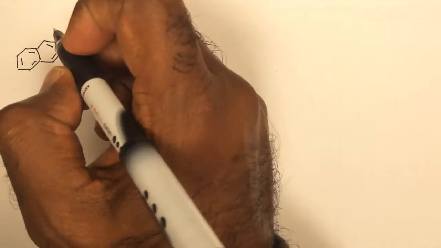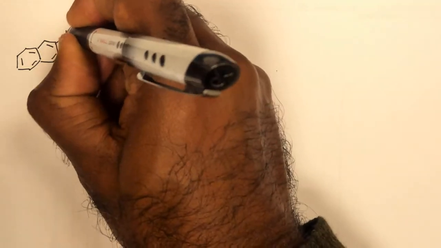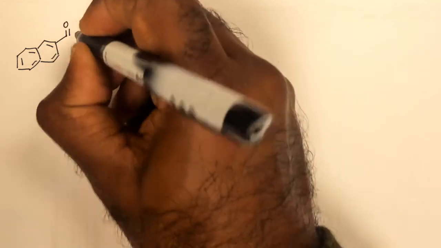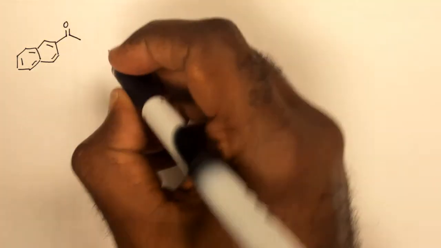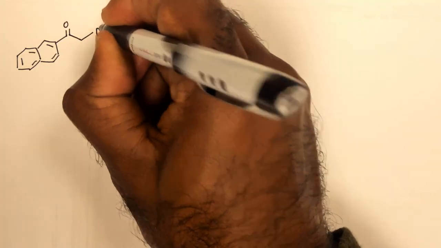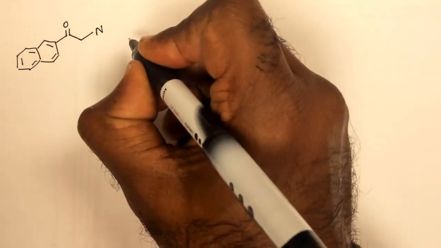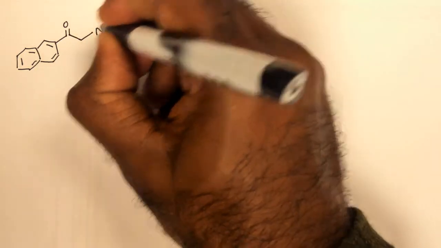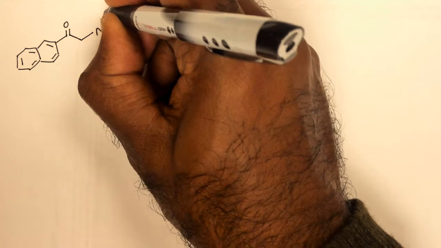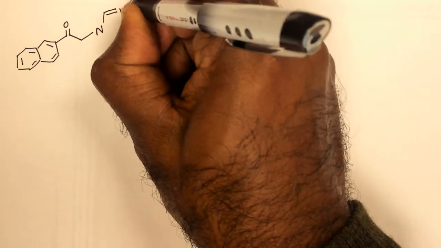And the molecule that we're going to look at is this particular structure. A methyl group with a carbonyl group, an alpha carbon next to the carbonyl group, and this nucleophile in this case is imidazole.